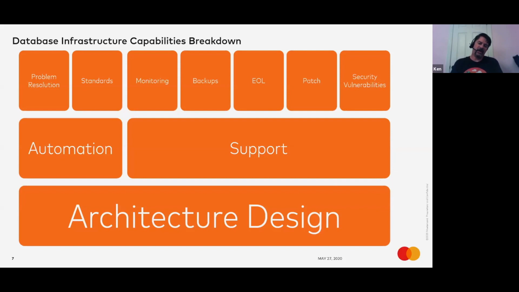And we have what we call an automation team, for lack of a better word, that is focusing on how do we automate everything that we do, how do we automate the database, how do we automate the standards we come up with for the database, and then how do we take problem resolutions and automate how we fix those database issues and problems in real time.